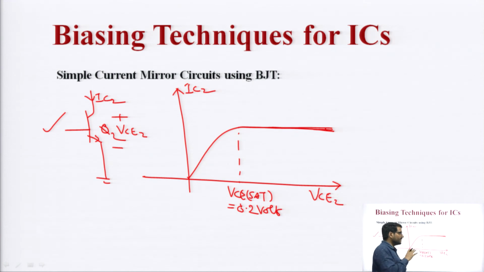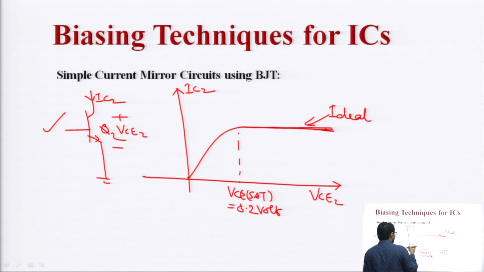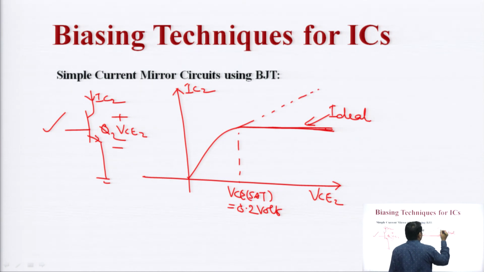And what is the requirement for this? This is the ideal case, where the collector current of transistor Q2 will be almost constant. If you consider a practical case, it looks like this, it is not ideal.